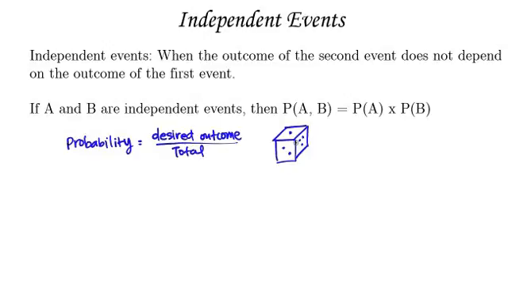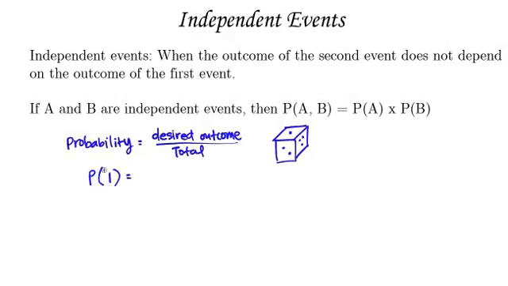So if I ask, what are the chances of rolling a 1? That's how we write it out: probability of rolling a 1. That's my desired outcome.